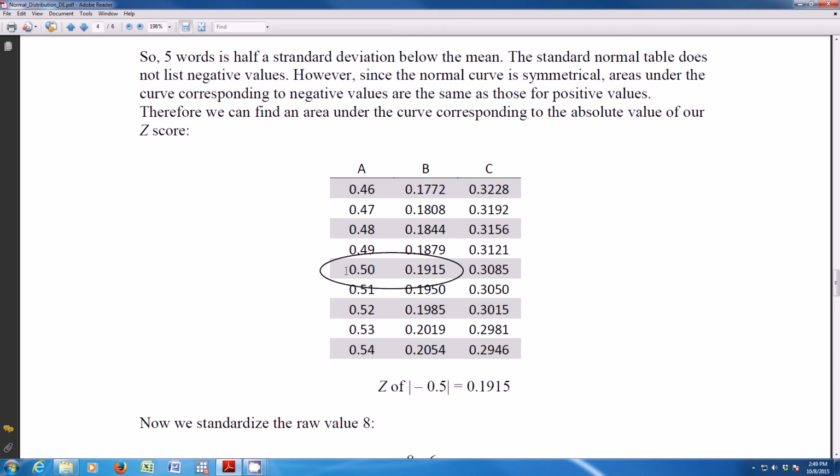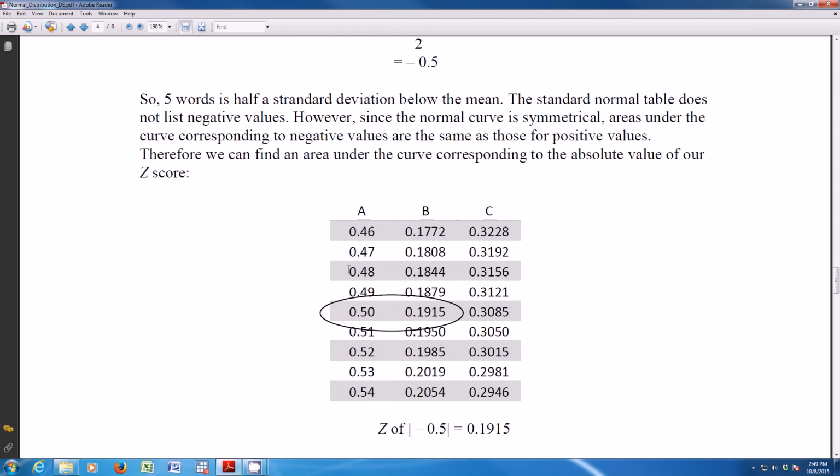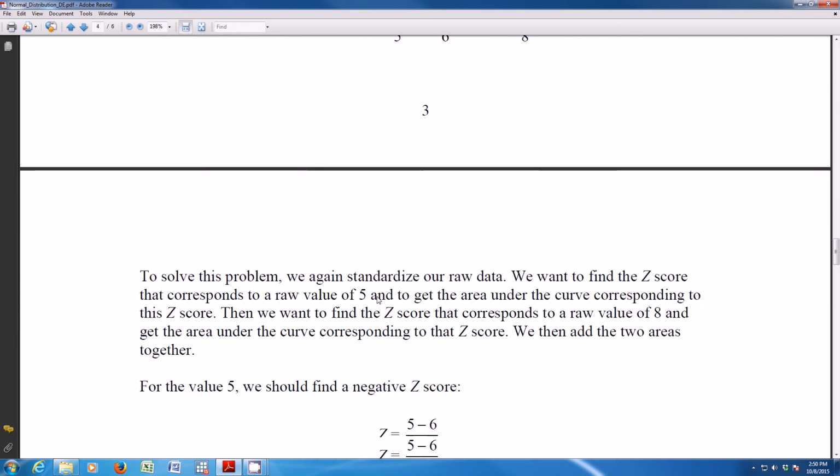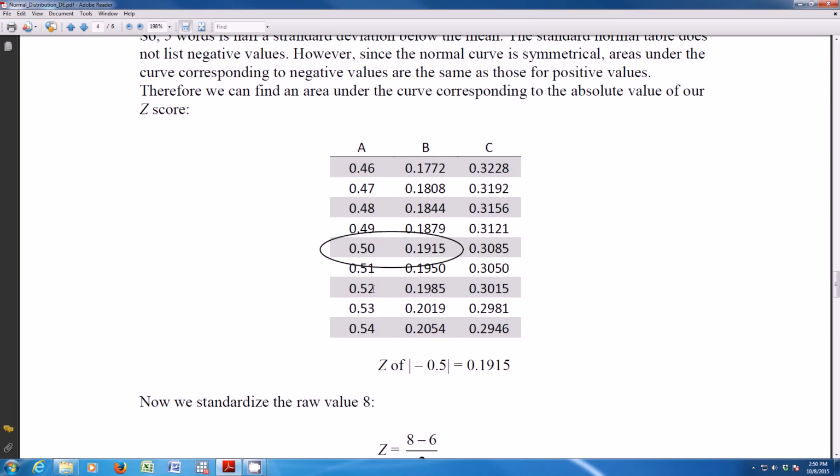And so looking up -0.5 in the table is impossible because the standard normal table only shows positive z-scores. However, because the normal distribution is symmetrical, that basically means that areas below the mean correspond to areas above the mean. So all we have to do is look up the positive or the absolute value of our z-score to find the right answer.